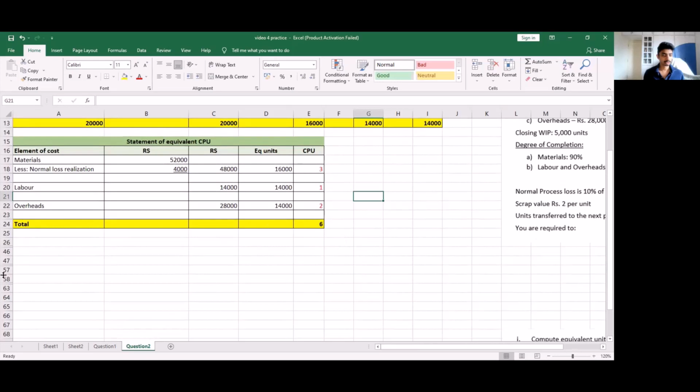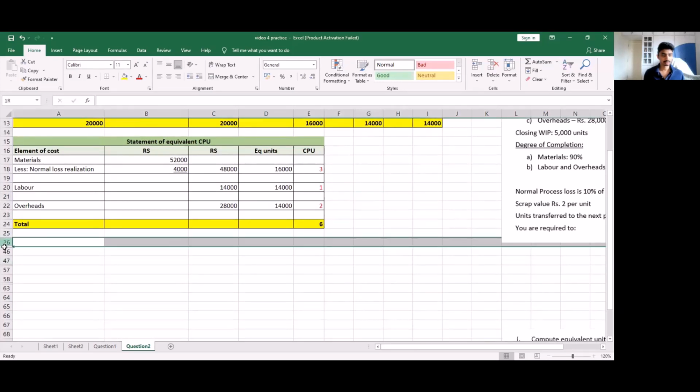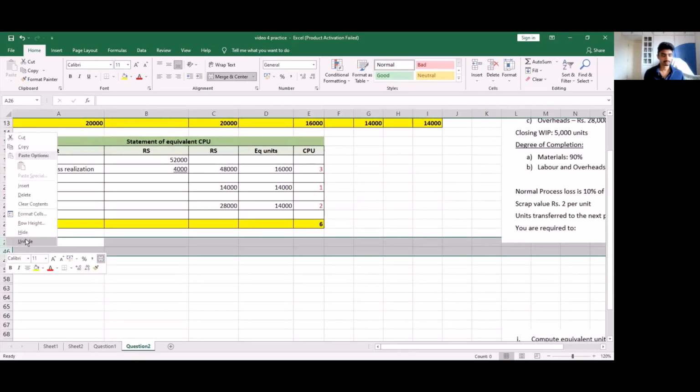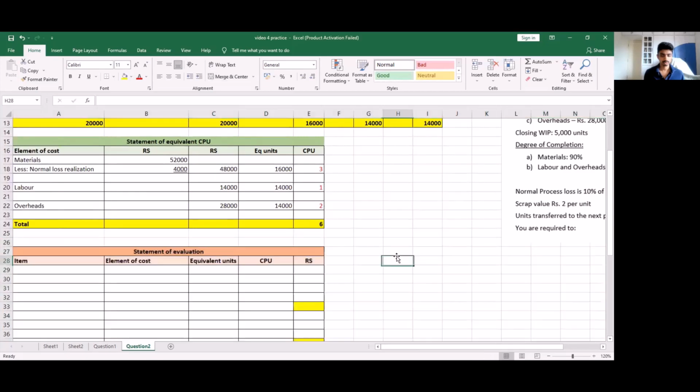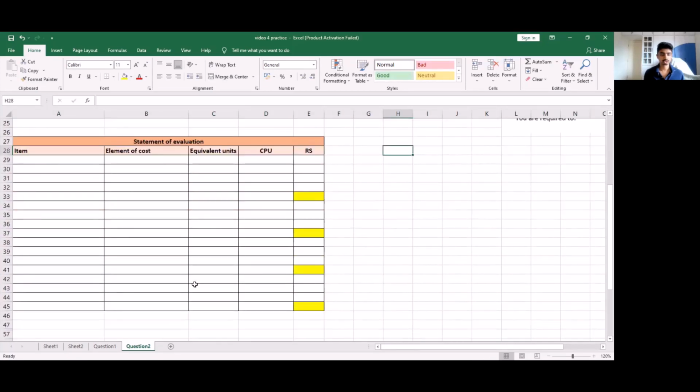Let's go on to our third account, which is a statement of evaluation. So in our statement of evaluation, we find the values for various elements. We first start with our opening work in progress. So for opening work in progress, the costs are split in 3 parts, which is material, labor, and overhead.